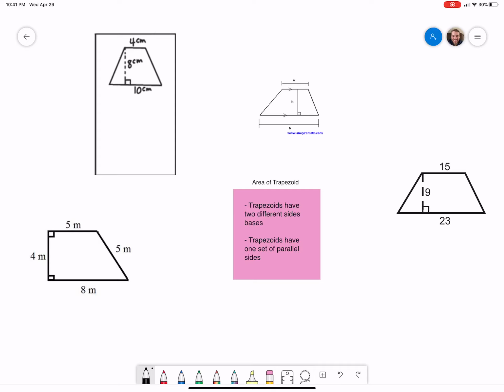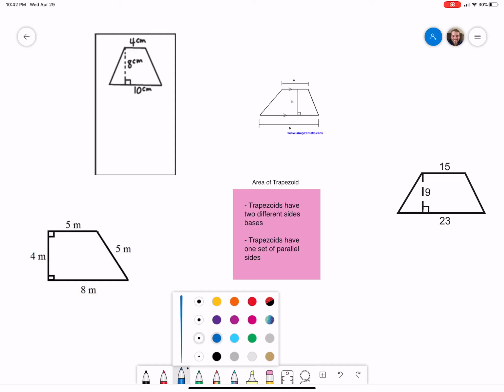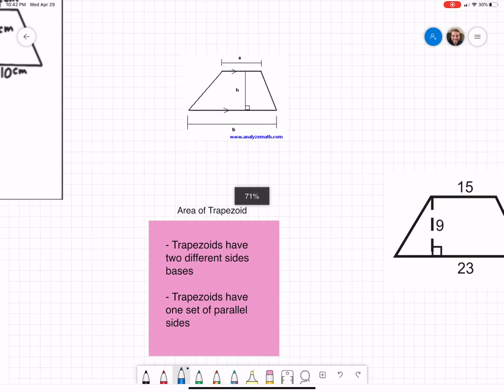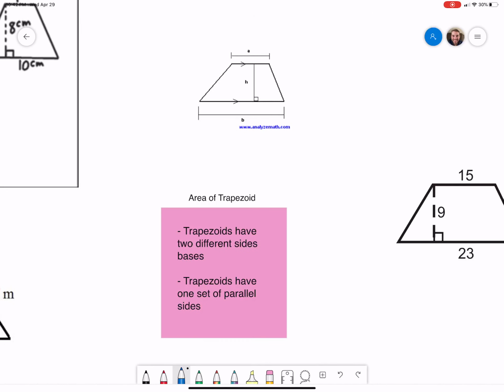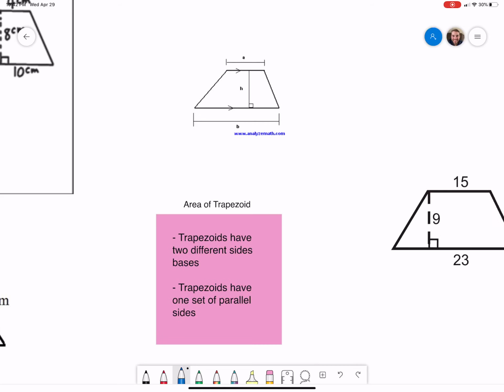Trapezoids have two different sizes of bases. Looking at my demonstration one at the top, my first base looks a little smaller, and then I have a bottom base that's a little bigger.